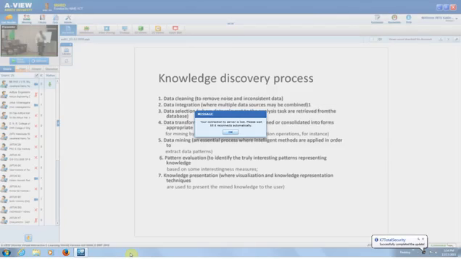I tell you, the pattern evaluation, we said that we have to get the relevant patterns. Because I will tell you a funny story in this regard. Okay. You know Thomas Alva Edison, who invented the electrical bulb and all. He was very much habituated to experiment from his childhood onwards.